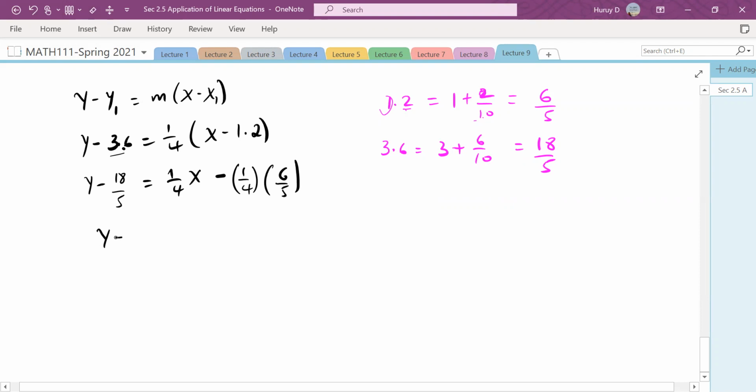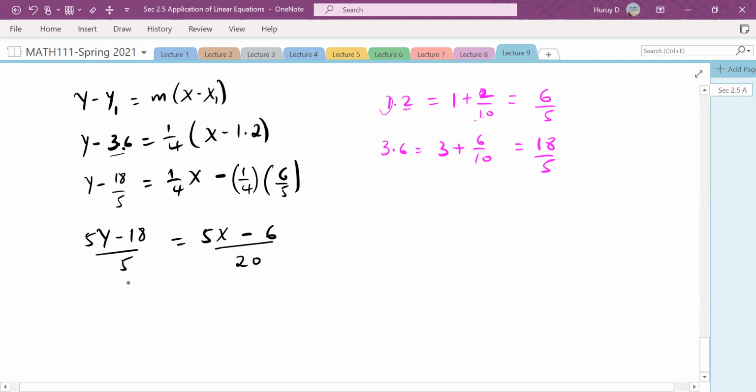So this is y minus 18 over 5 equals 5x minus 6 over 20.